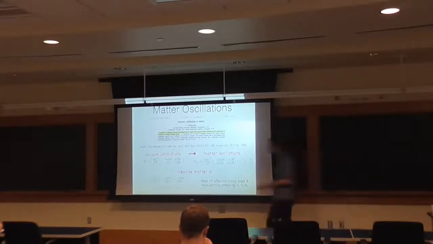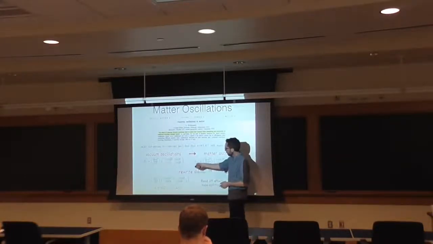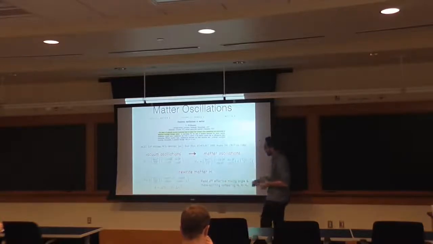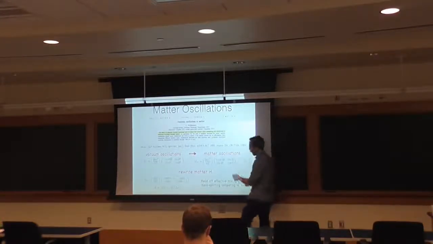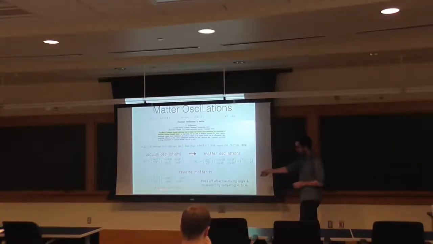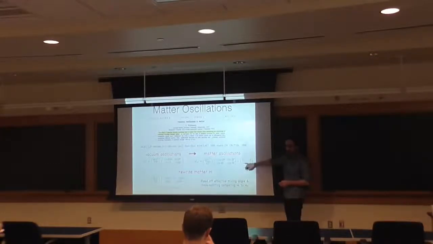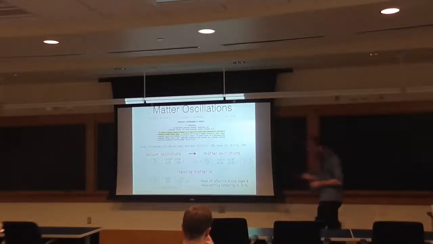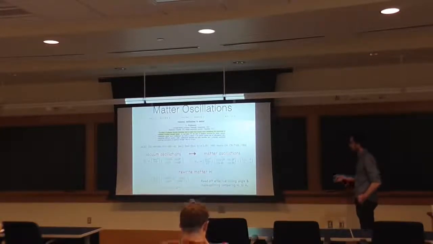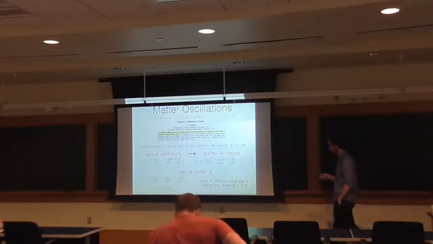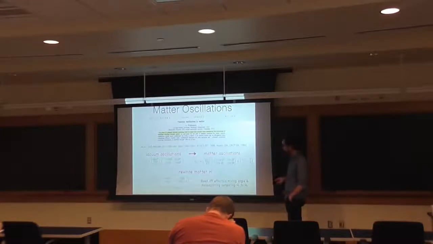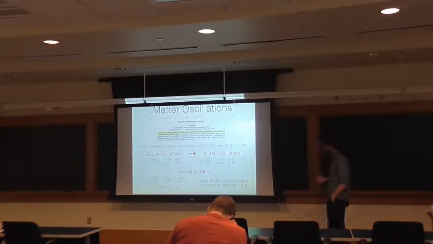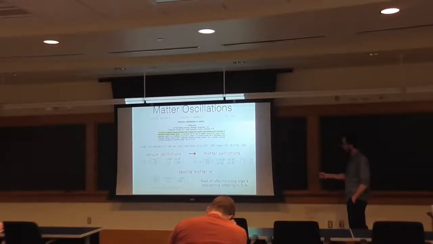I can define the diagonal piece basically to tell me what is cosine 2 theta in the medium, and now it explicitly depends on the size of that interaction. It depends on things having to do with G Fermi of the standard model: how does the neutrino interact with quarks and leptons through W and Z exchange, well, through W exchange in this case. So that's how the matter effect works.